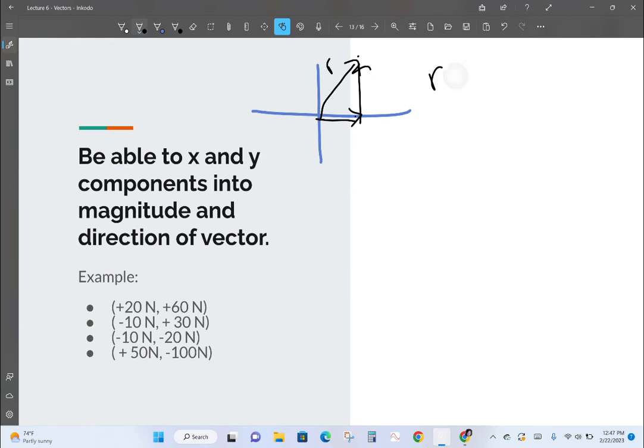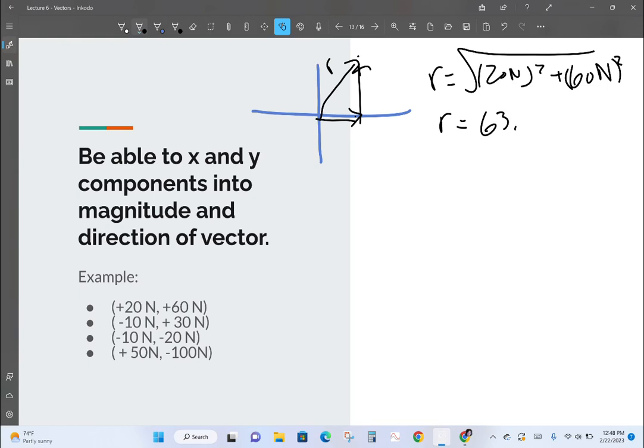So r is going to be the square root of 20 newtons squared plus 60 newtons squared, which is 400 plus 3600, which is the square root of 4000, which is 63.2. So r is 63.2 newtons.